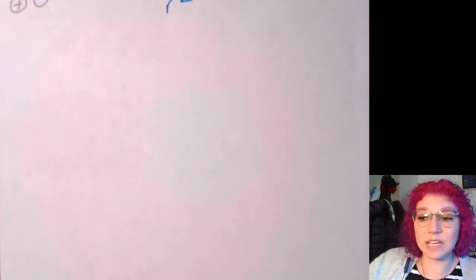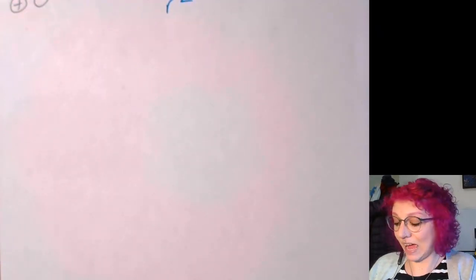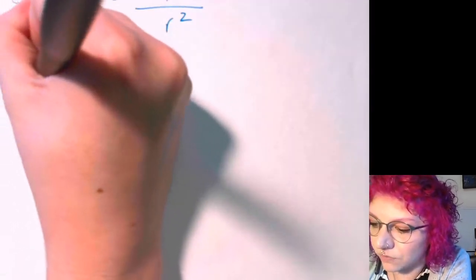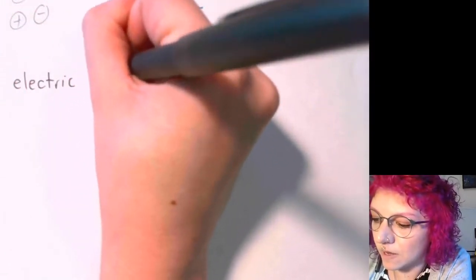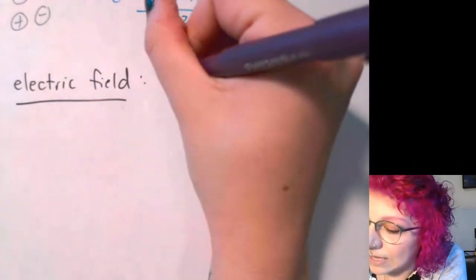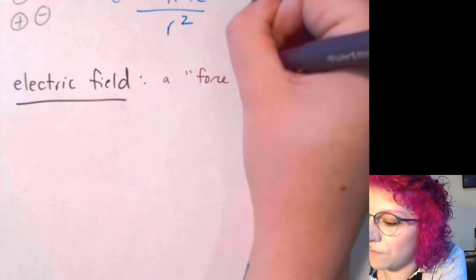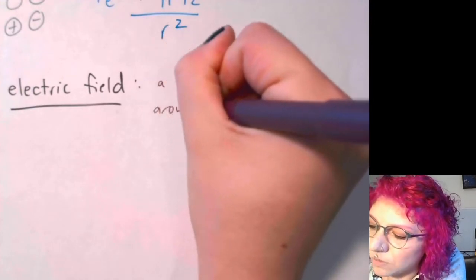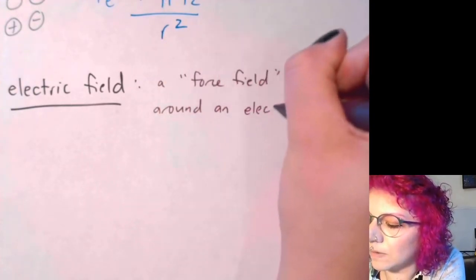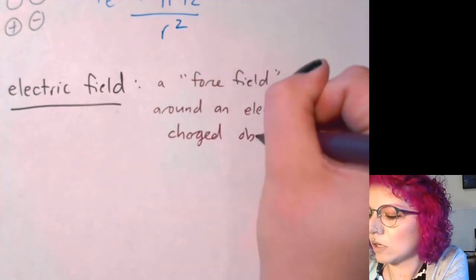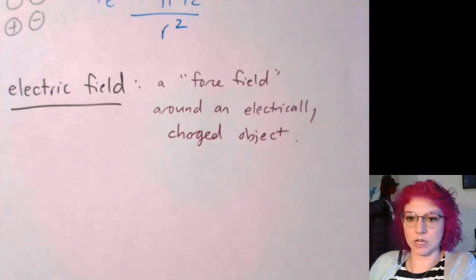Let's start by defining what an electric field actually is. So, an electric field is a "force field" of sorts around an electrically charged object.